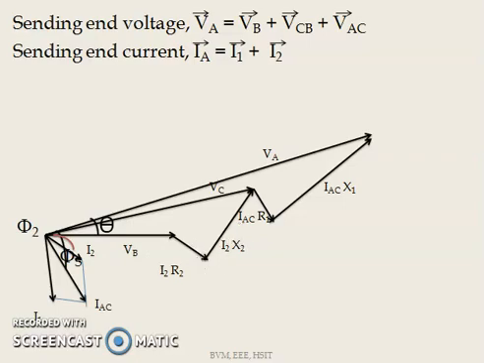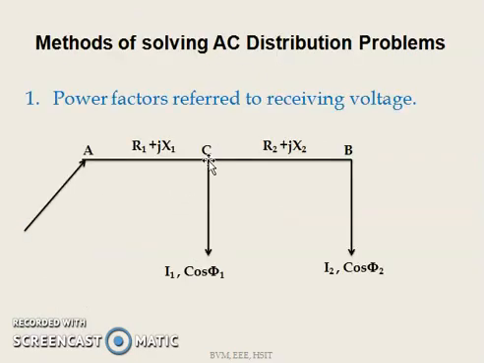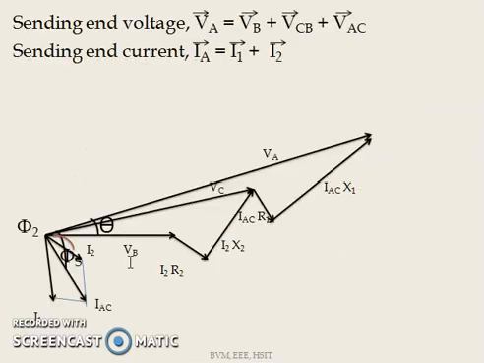When you add these two vectorially along with VB, what you get is VC, the voltage at this point. VC is equal to VB plus VCB.